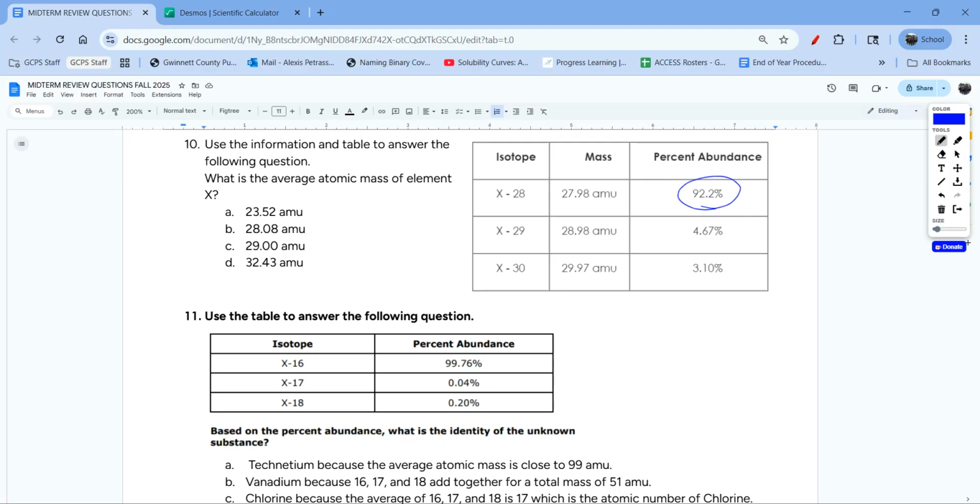The 92.2%. And what mass do you see? This is very close to 28, right? And that's saying it's X28, like isotope 28. Doesn't matter what the element is. There's only one answer choice close to 28.